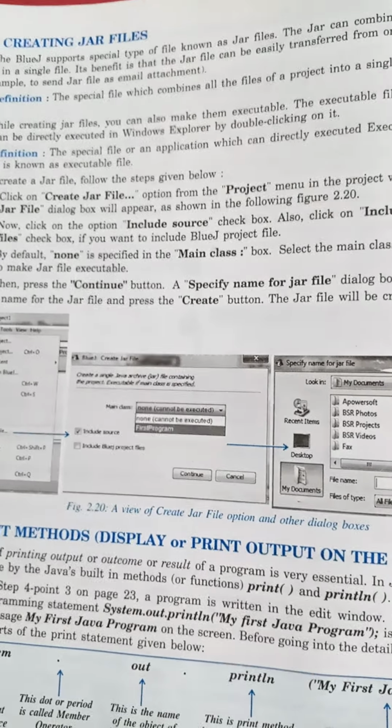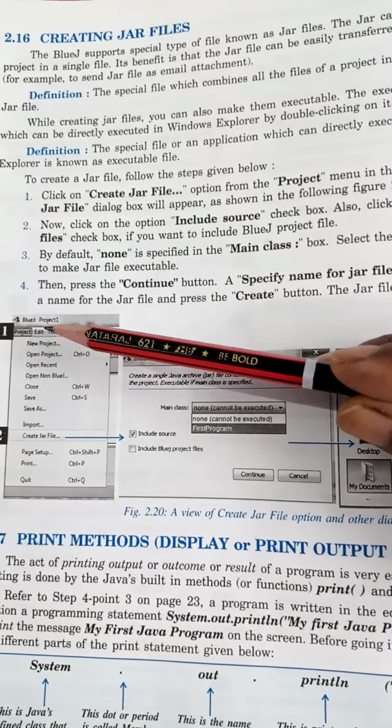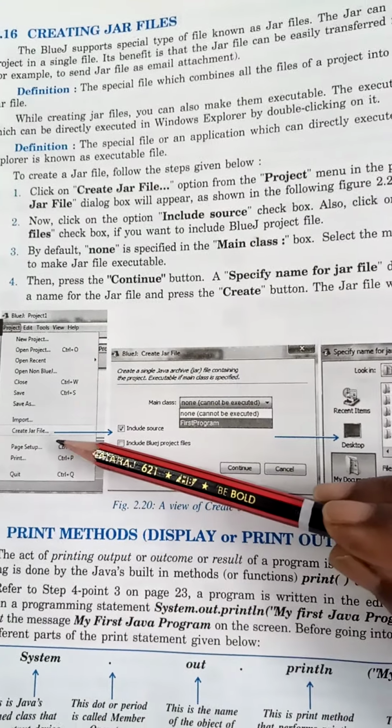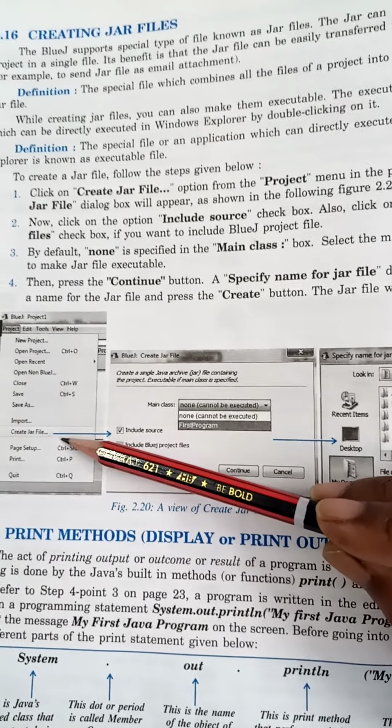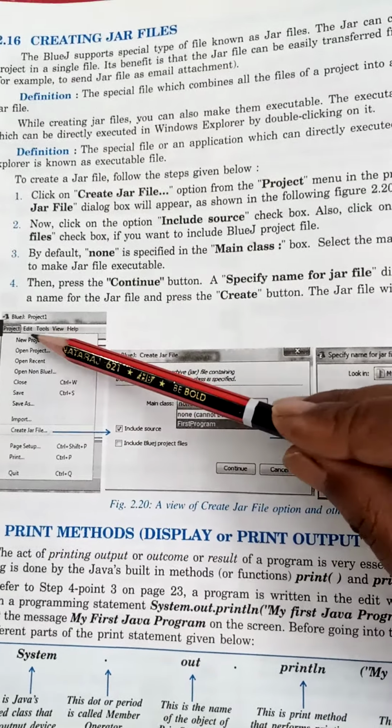Now the steps to create a jar file. Select the project, click on the Project menu, then select the Create Jar File option, then go to Include source.